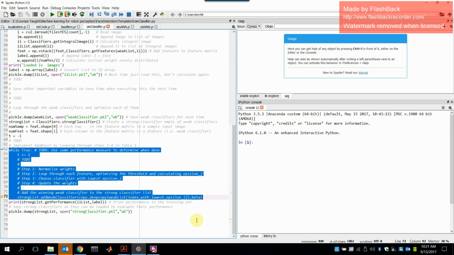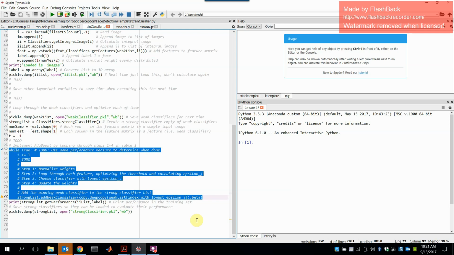So you can do something like looking at the overall performance of the strong classifier. I want to make sure that the false positives are a certain small amount. You can set that up. And so let's talk a little bit about that, the idea of a detection and a false positive.